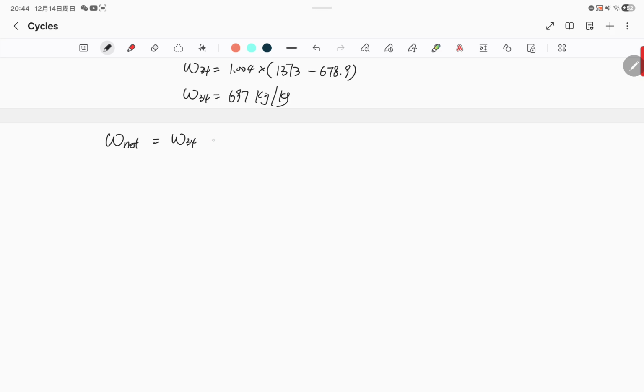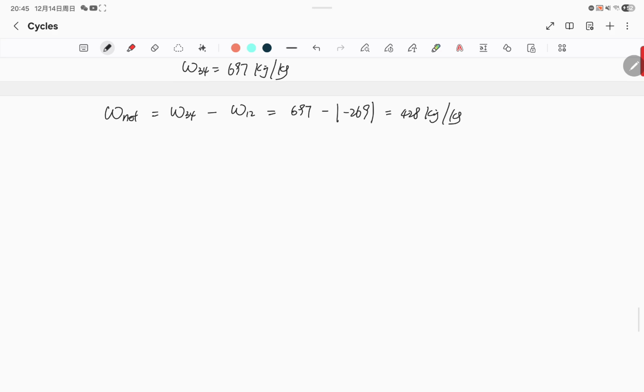Work output is work 34, this is the turbine, minus work input, this is work 12, the compressor. And here, very important, I'm going to put the absolute value because otherwise your work net will be greater than the work at the turbine, which is impossible. You do not do minus minus here. And that's for work output.